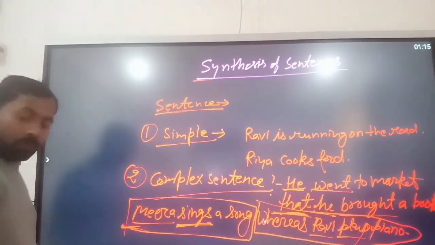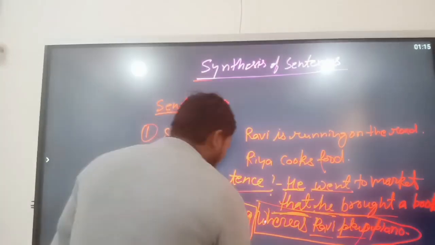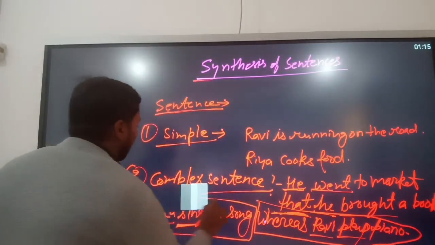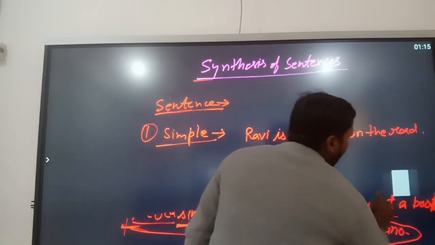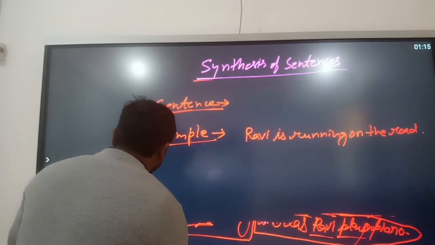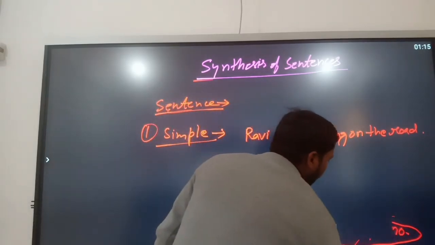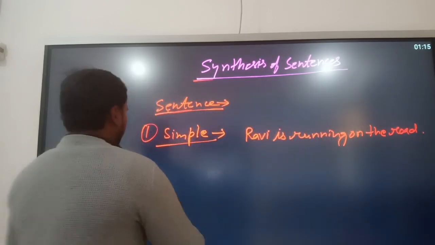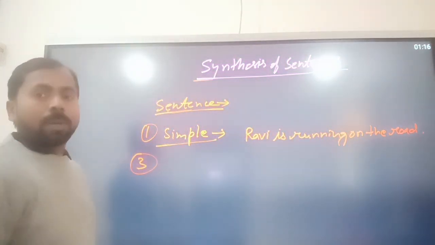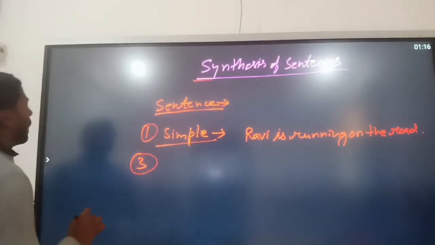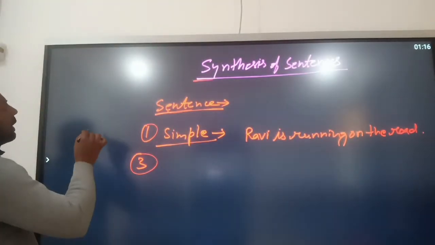Next and last one is compound sentence. When you read about conjunction words, you already know that conjunction words have two parts.